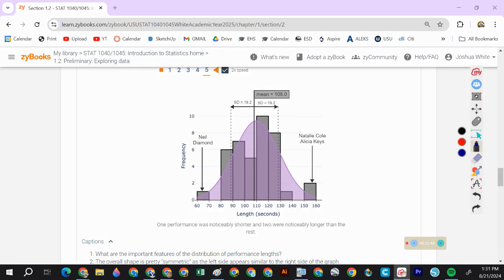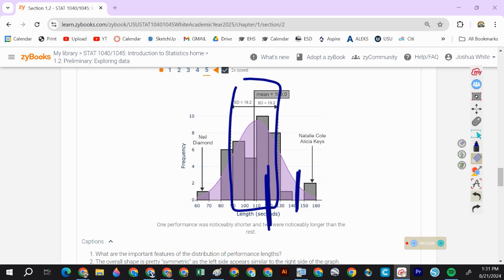So most of the people land in this window. So 120 is not unusually large. It's large, but not unusually large. If you are outside of one standard deviation, then you are more unusual. Does that make sense? All right.